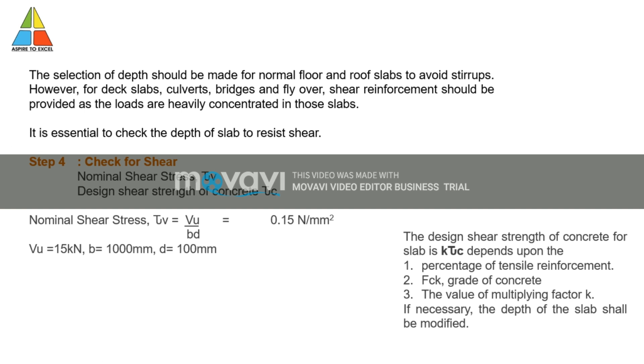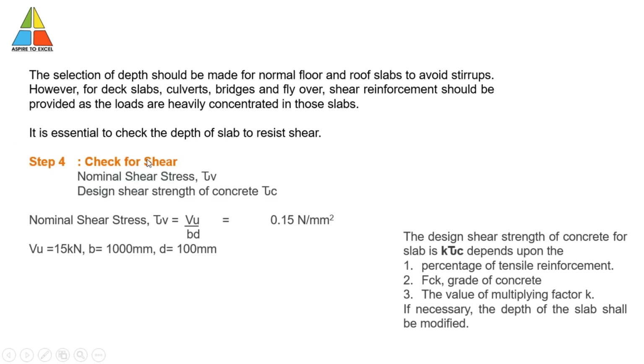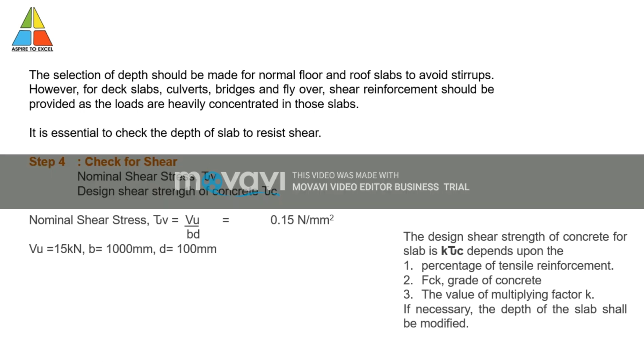So it is essential to check the depth of the slab to resist shear. Again there are two parameters: one is tau v, the other is K times tau c. That is, shear stress and shear strength. The nominal shear stress, tau v, is caused by the load acting on the one-way slab. So tau v is equal to Vu by bd.